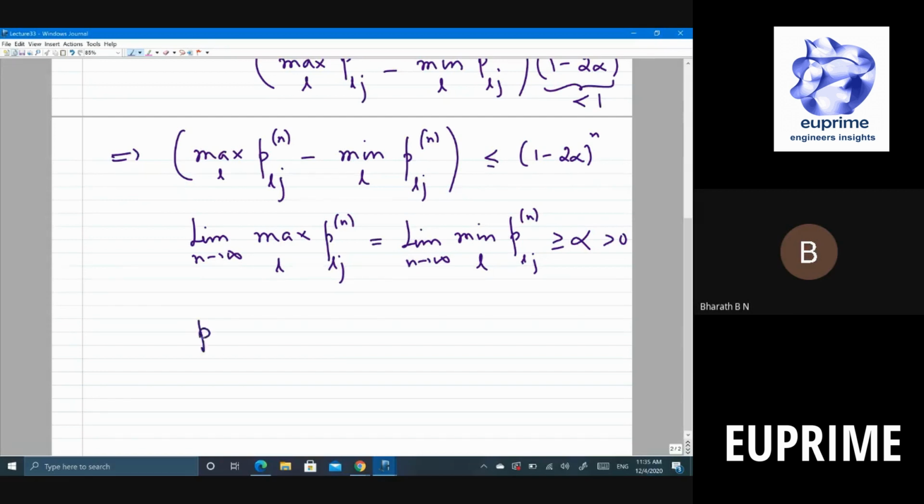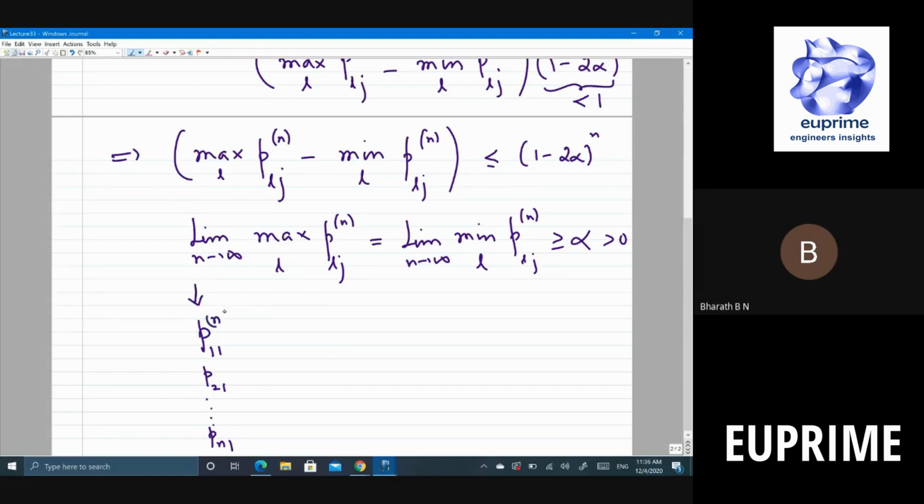See what it's saying. If you look along the columns, sorry, at P11, P21, and so on, Pn1, you are looking at the max.